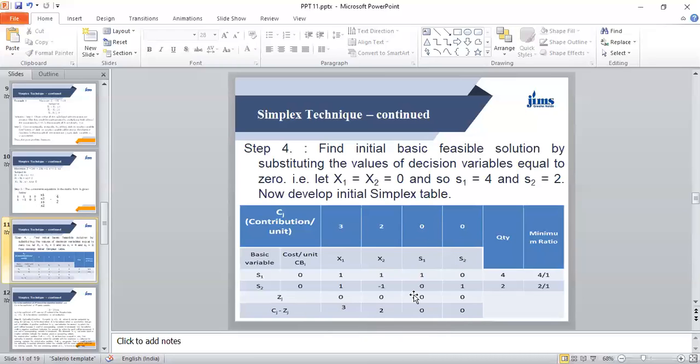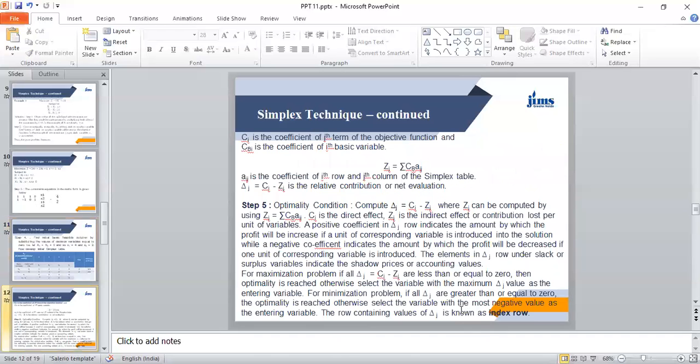So this Cj minus Zj is written here. So Cj is the coefficient of the jth term in the objective function and Cbj is the coefficient of the jth basic variable. So this is how we have calculated the value of Zj and Cj minus Zj.